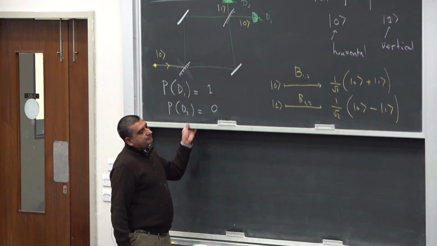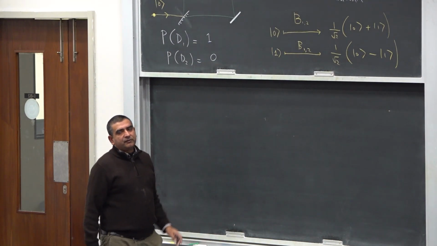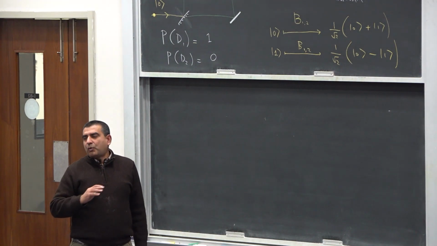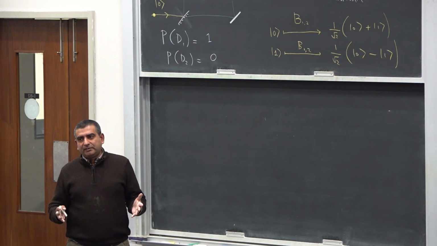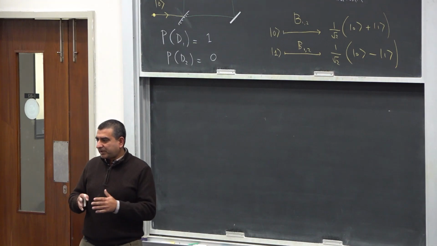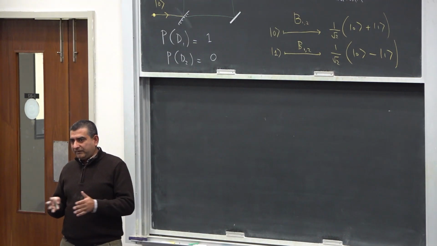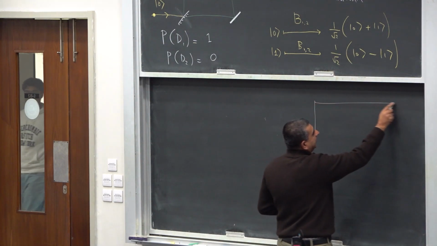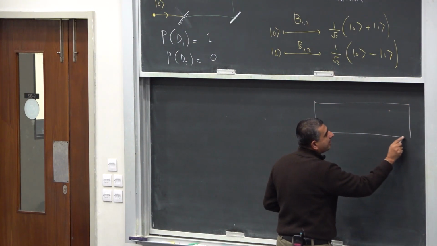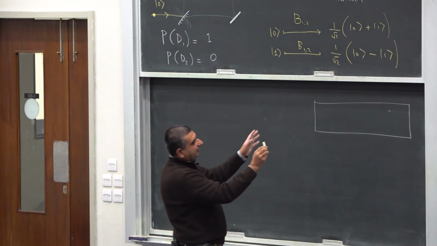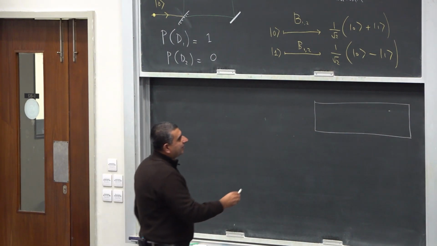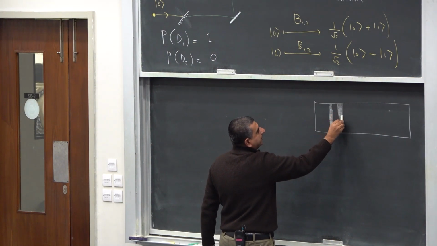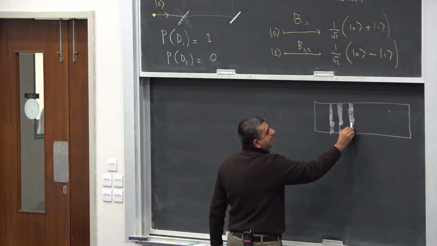Because if you recall from your basic physics that you've learned elsewhere, what is an interference pattern? An interference pattern is a sequence of bright and dark fringes, perhaps, if you're talking about light. So the general notion of an interference fringe is that you have a screen, and on this screen, if you're talking about light, you have dark regions separated by bright regions.